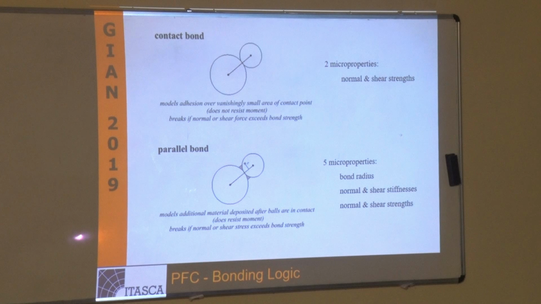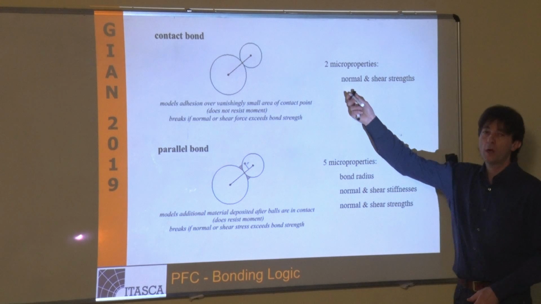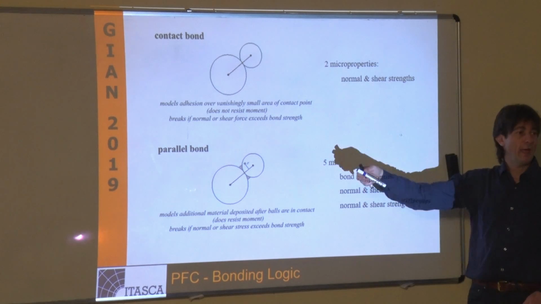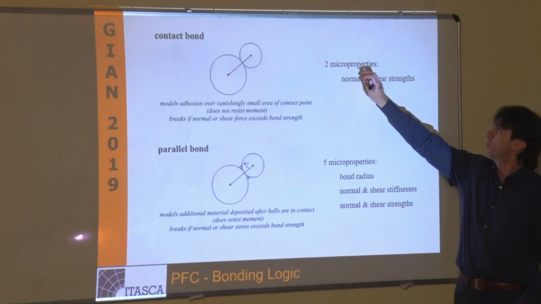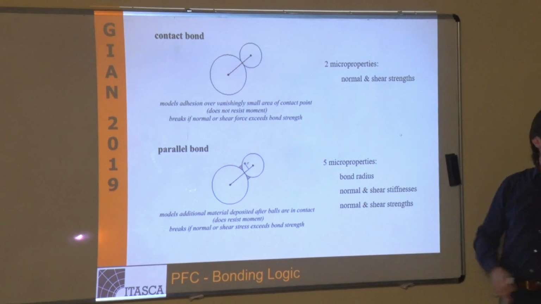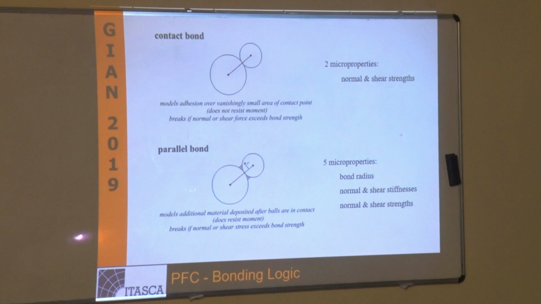And let's skip that. But the more you try to match what the reality is, the more micro properties you need to have. And that's really what has made PFC extremely complicated to use, and that's my opinion, also very subjective.